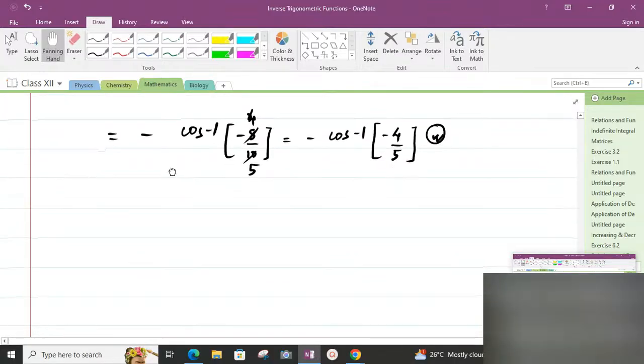So the next step will be minus cos inverse minus 4 by 5.